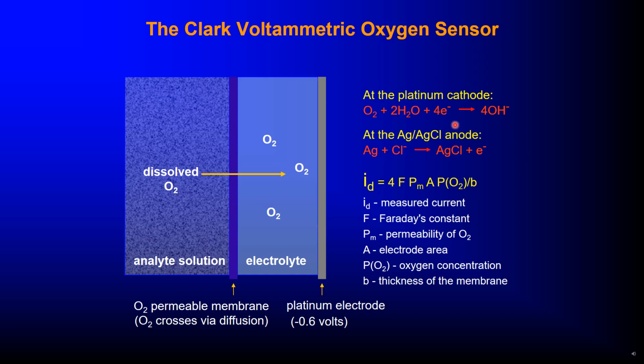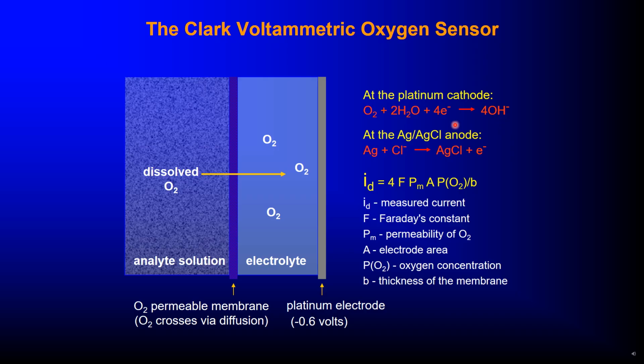So when a potential of negative 0.6 volts relative to a silver chloride electrode is applied to the platinum cathode, a current proportional to the oxygen concentration is produced.